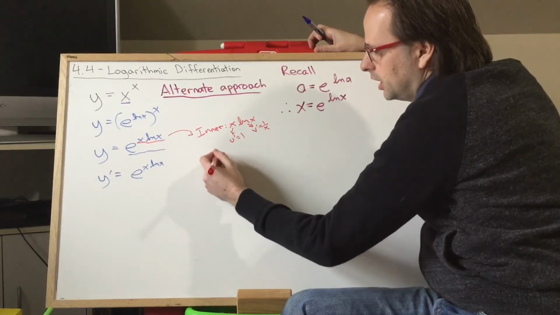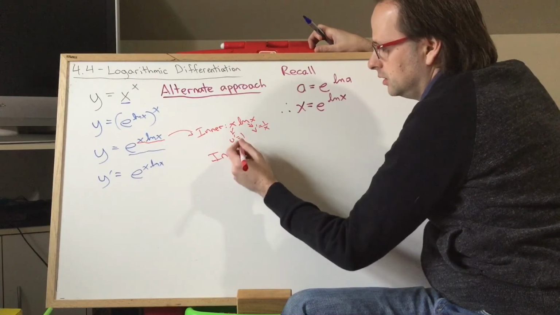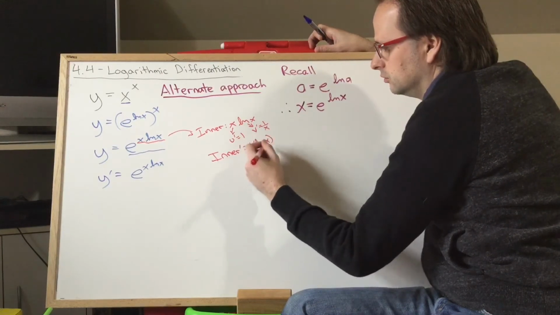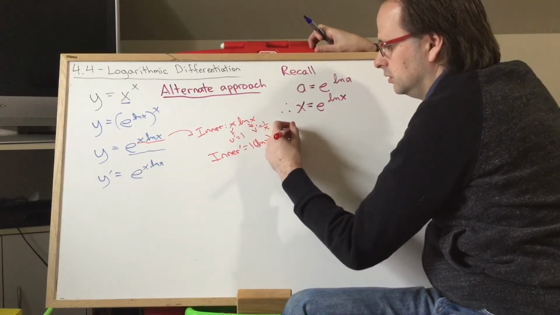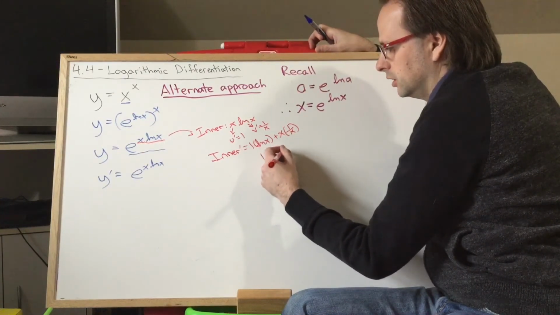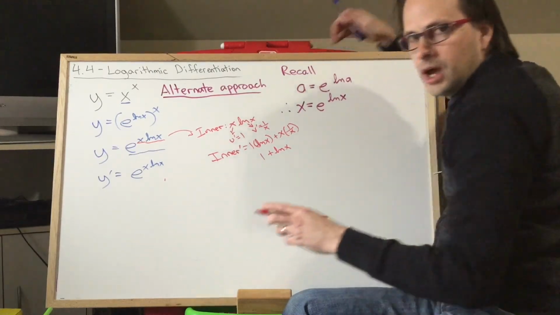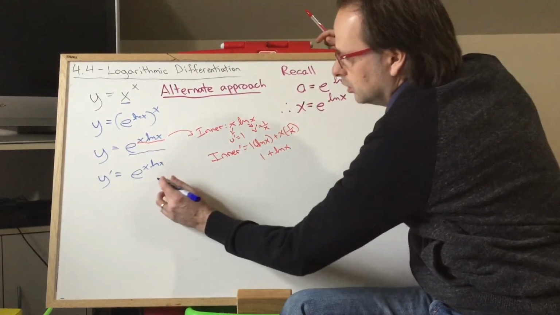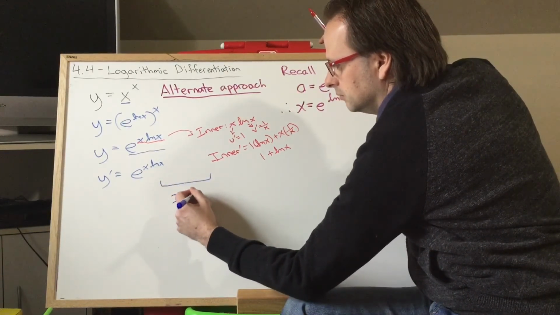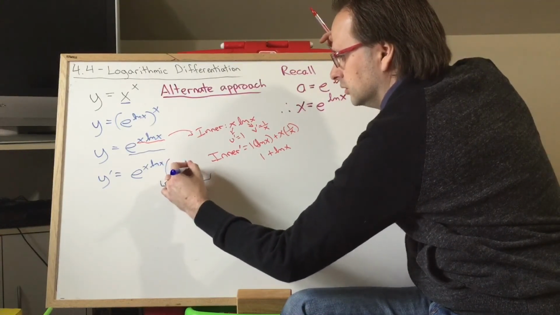And so the inner prime is going to be u prime, which is 1, ln x, which is v, plus u v prime. In other words, if I switch these around, I'll have 1 plus ln x. That's the derivative of the inner, and that's what we need to times by from the chain rule right here. We need inner prime. So we'd have 1 plus ln x.